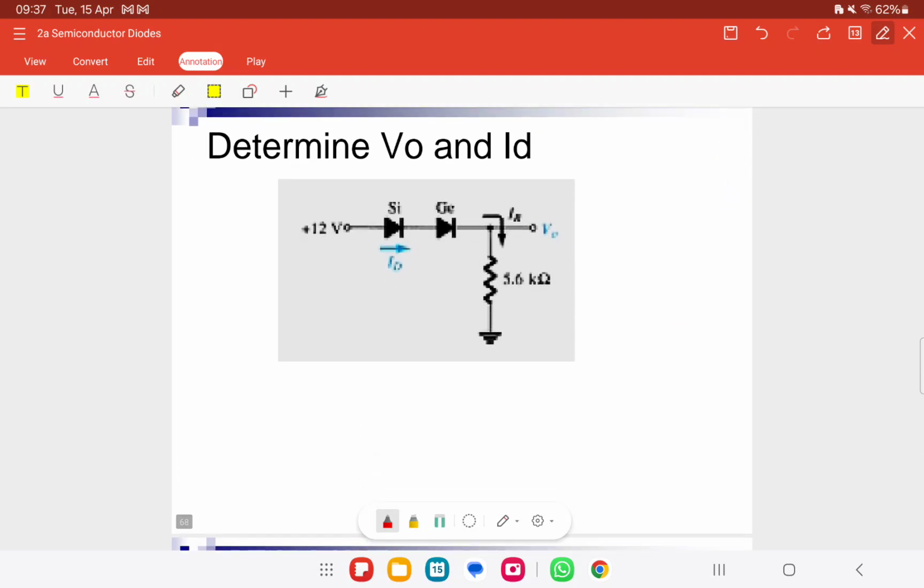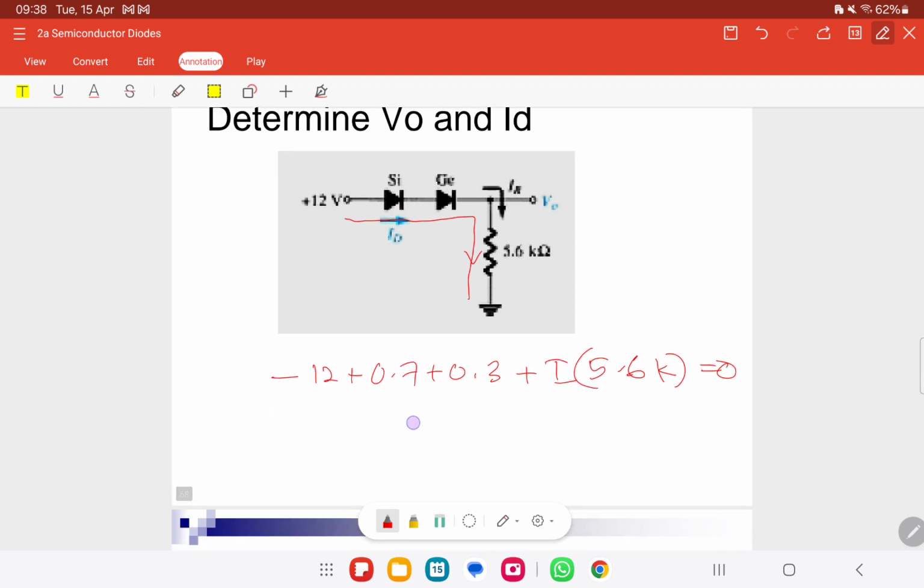Okay, this is the KVL, this one, dia akan lalu here, turun this one. Okay, the KVL is minus 12 plus 0.7 plus 0.3 plus I 5.6K equals to 0.